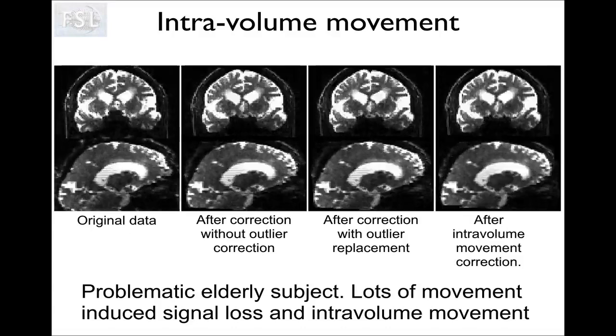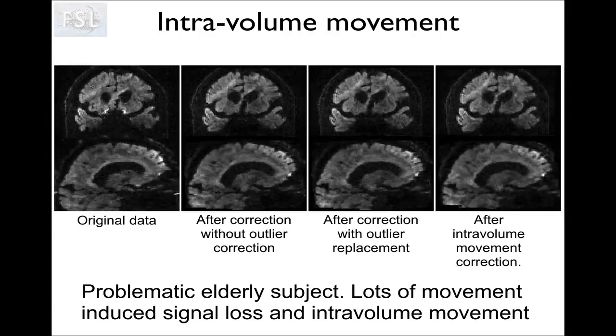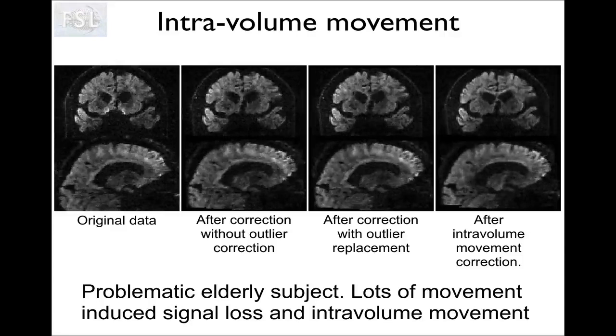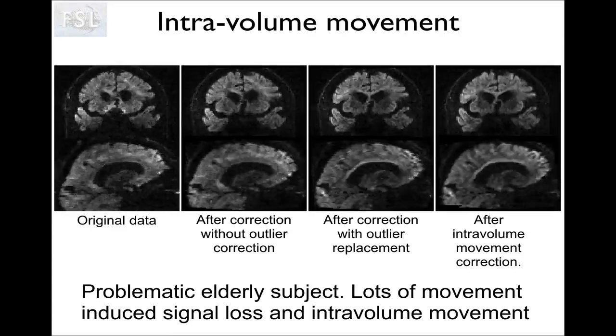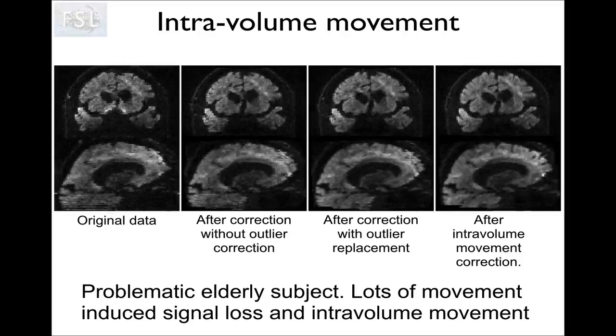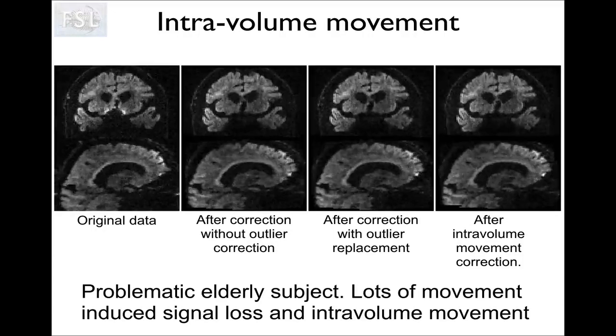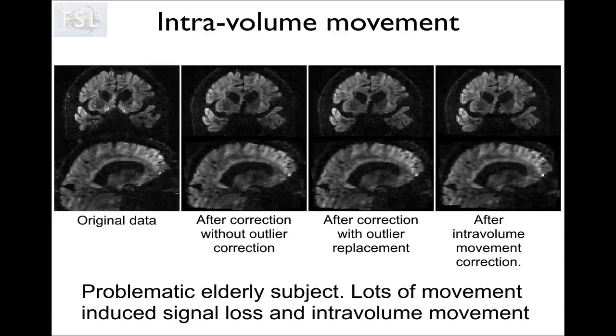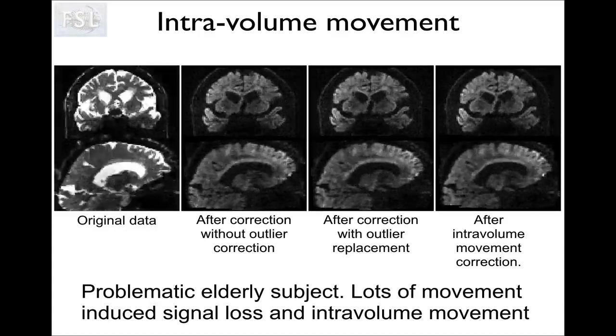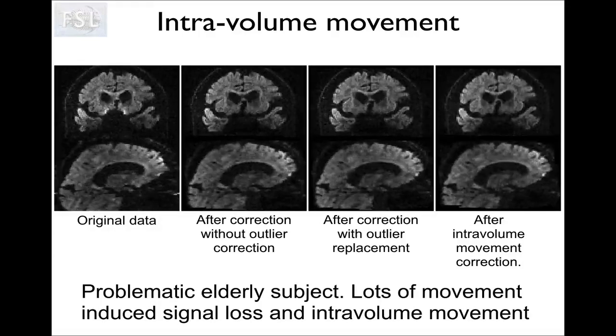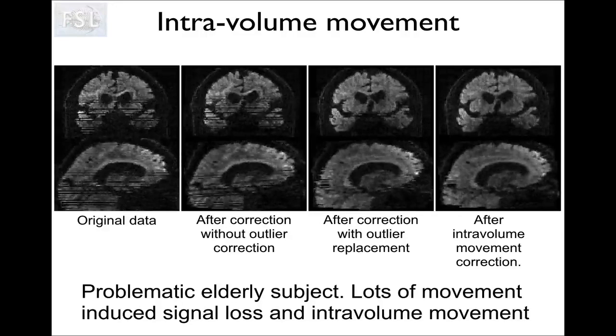So now we're also applying this intra-volume movement, the slice to volume correction I just described, and this is what it looks like. If you look at the right hand side now and compare that to the left hand side, I'm sure you agree that it's quite a stunning difference between them.